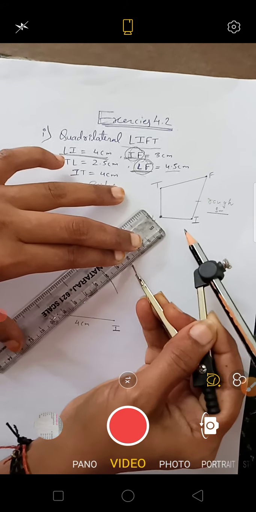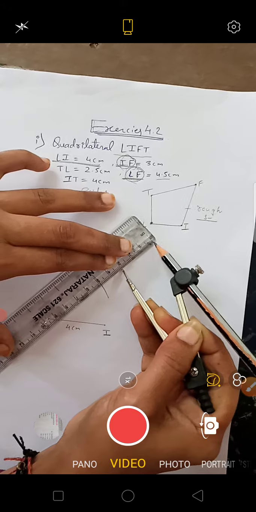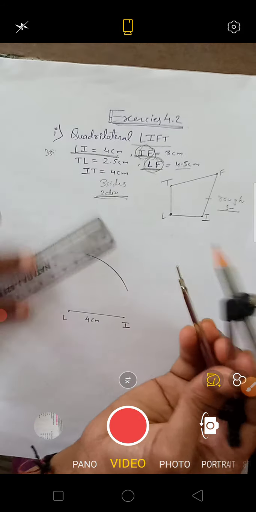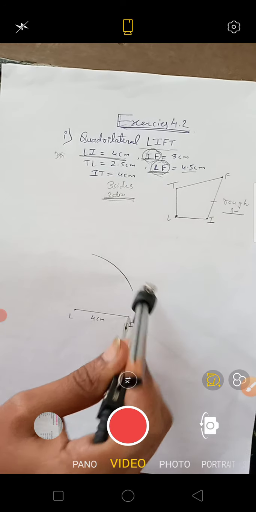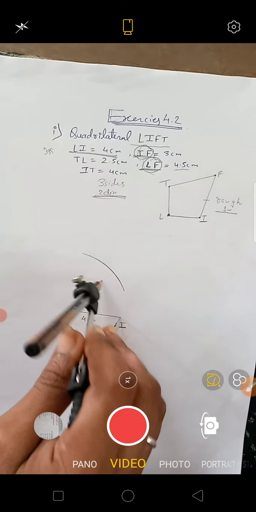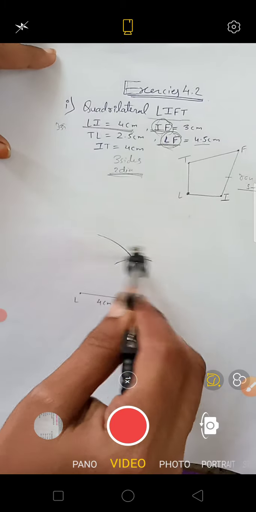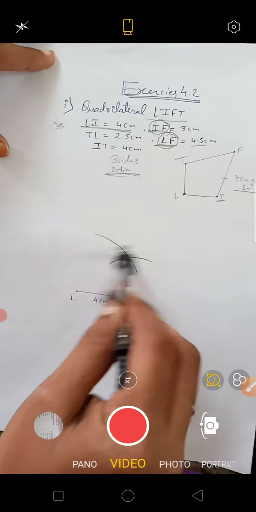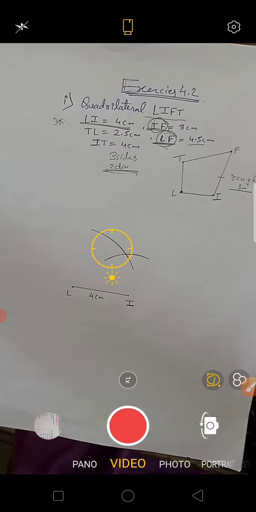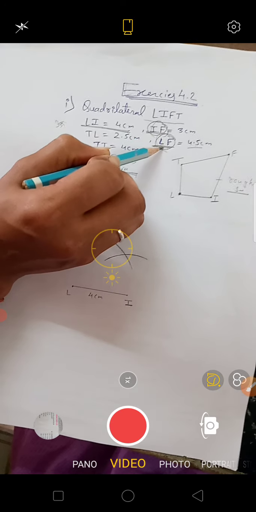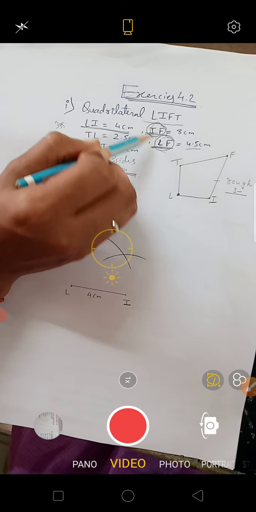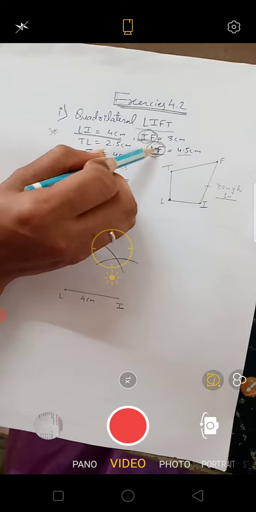We take I as center and draw an arc on the previously drawn arc, with 3 centimeter radius. Both arcs intersect each other at a point, and we name this common point F, with I and L as the centers.